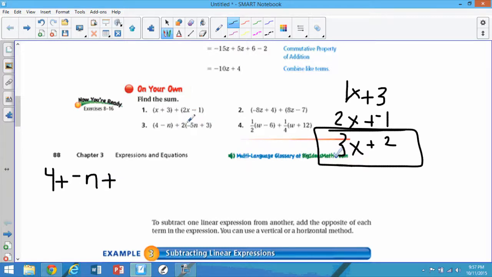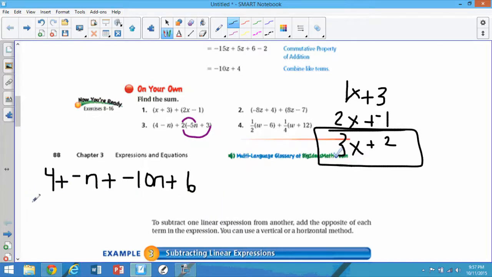So you take the 2 times negative 5n, and then the 2 times 3. So 2 times a negative 5 is a negative 10n, don't forget your n, plus, and then 2 times 3 is 6. Okay, so that's my distributive step.